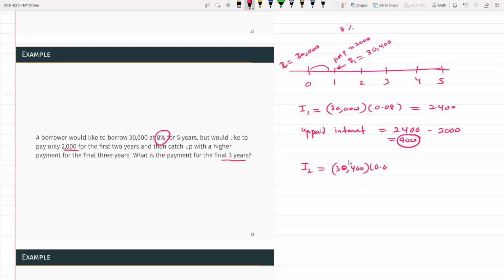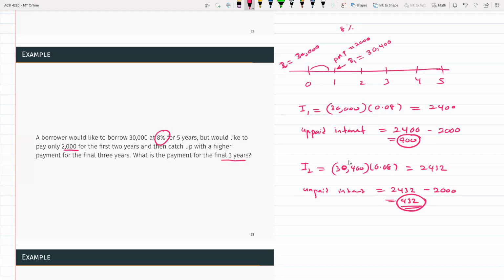is 30,400 times 0.08. Let's use our calculator. That would be 2,432. And the unpaid interest, since you are making only 2,000, would be 432.